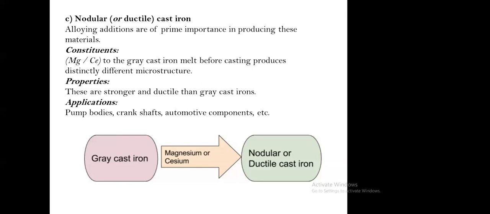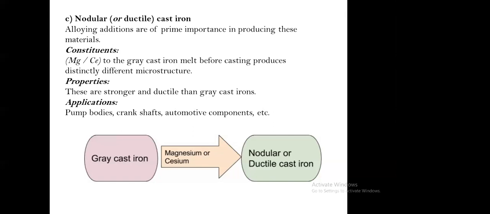So when we add alloy to the gray cast iron, it forms nodular or ductile cast iron. This results in graphite forming nodules or sphere-like particles, and the matrix surrounding these particles can be either ferrite or pearlite depending on the heat treatment process.